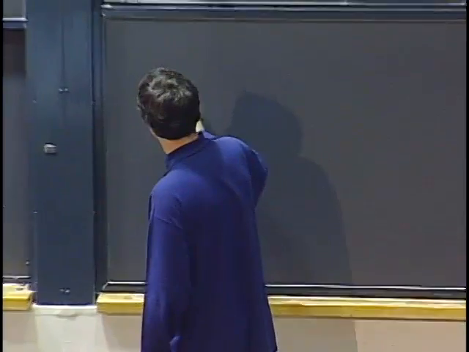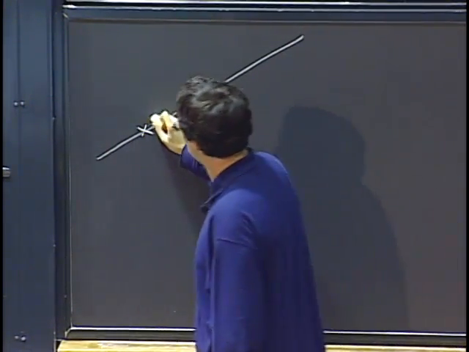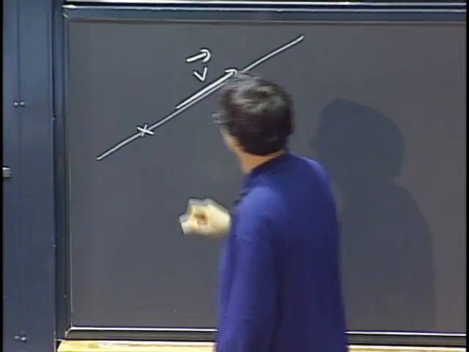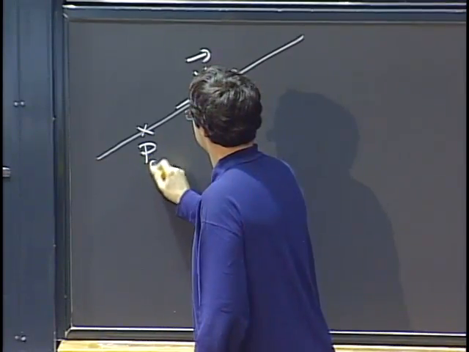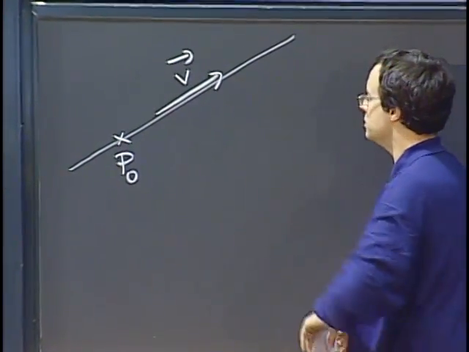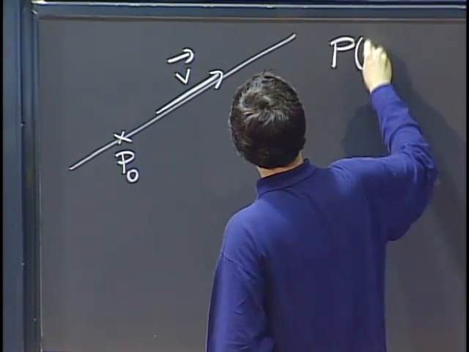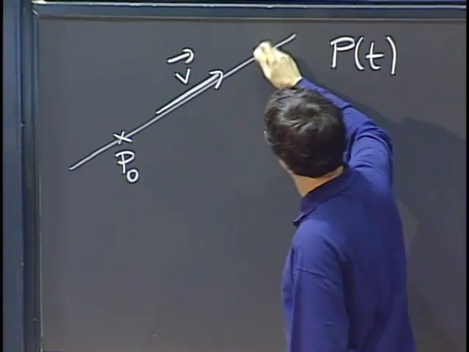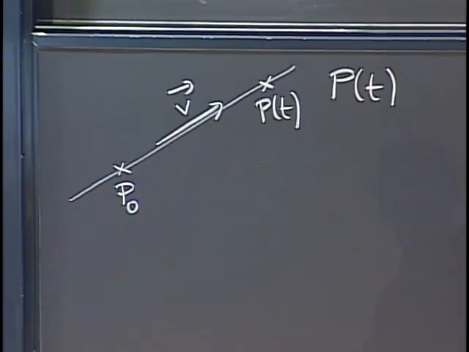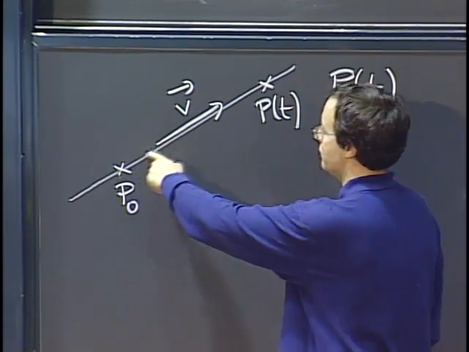To know the parametric equation of a line, we need to know a point on the line, and we need to know a vector that's parallel to the line. And if we know a point on the line and a vector along the line, then we can express the parametric equations for the motion of a point that's moving on the line. Actually starting at this point at time 0, and moving with velocity v.